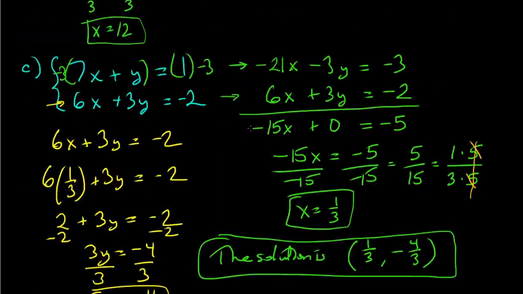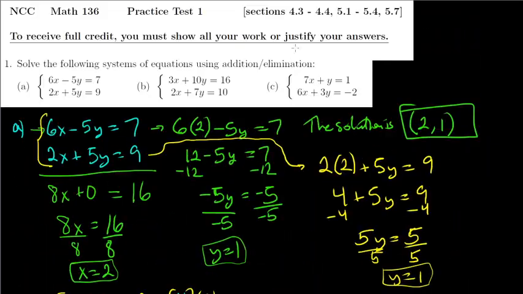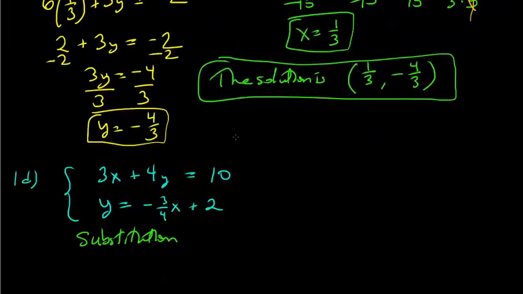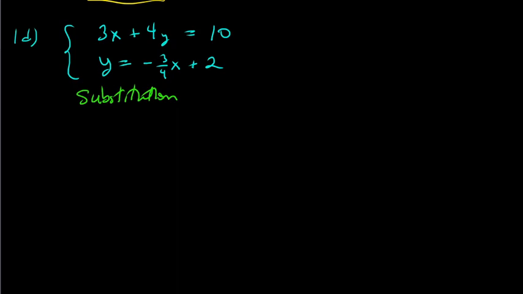Now, the directions, however, all the way up here, say that we want to use the method of addition or elimination, not substitution. So unfortunately, we're not allowed to use substitution here. On the other hand, if that's the only way you can do it, then go ahead and use substitution.